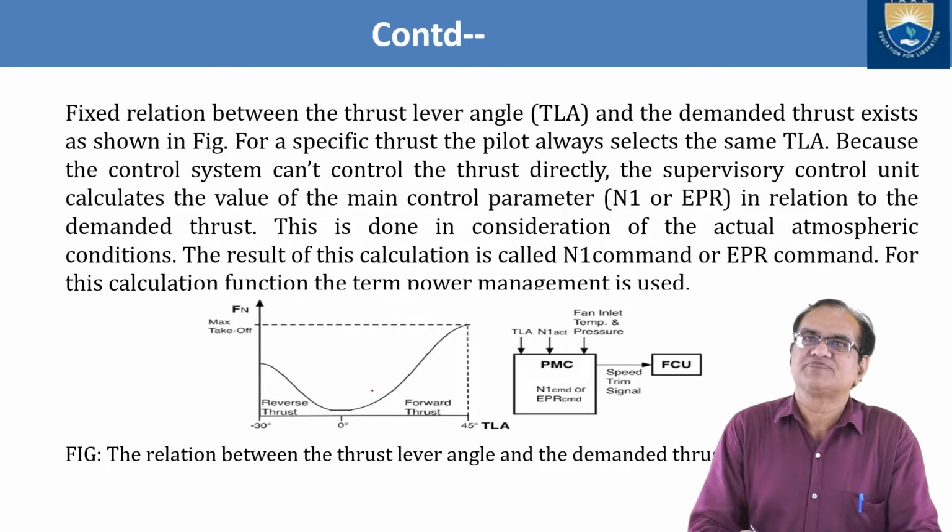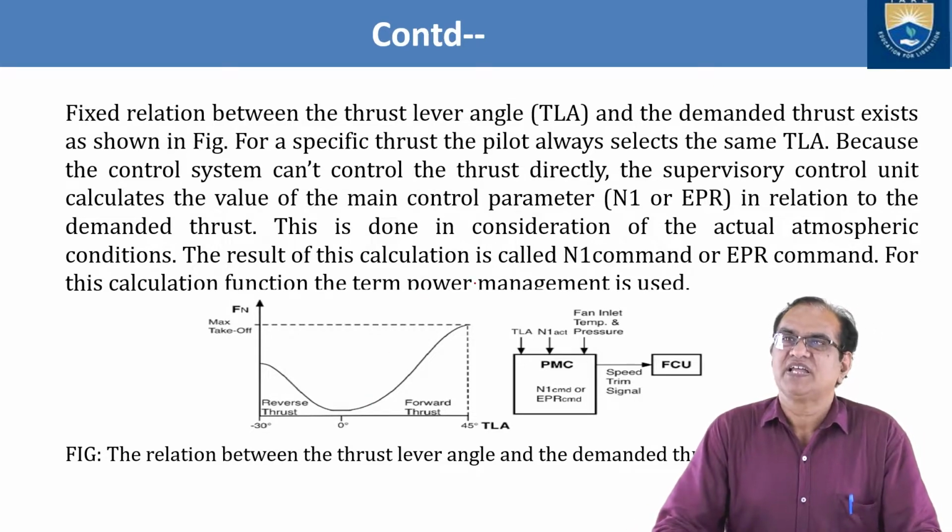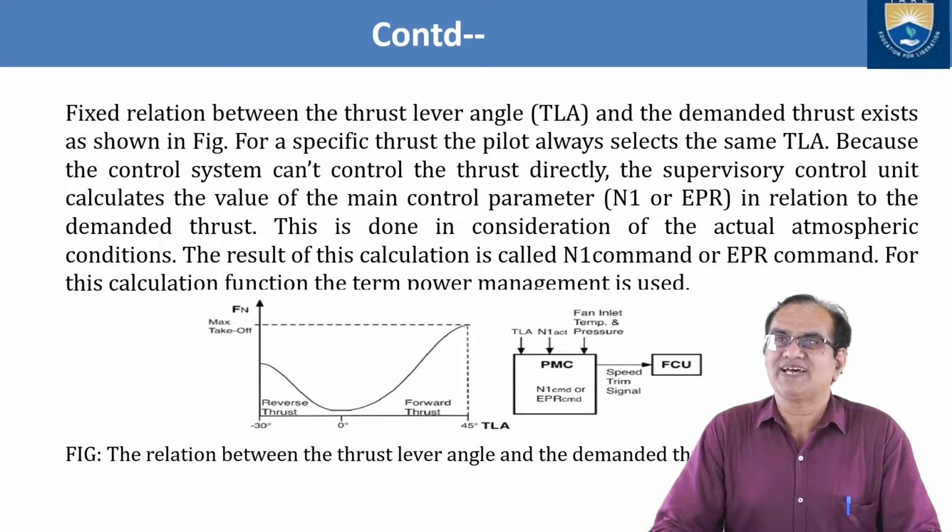I will discuss. For a specific thrust, the pilot always selects the same TLA because the control system can't control the thrust directly. The supervisory control unit calculates the value of the main control parameter, N1 or EPR, in relation to the demanded thrust.